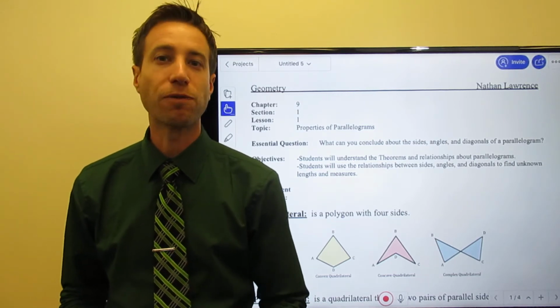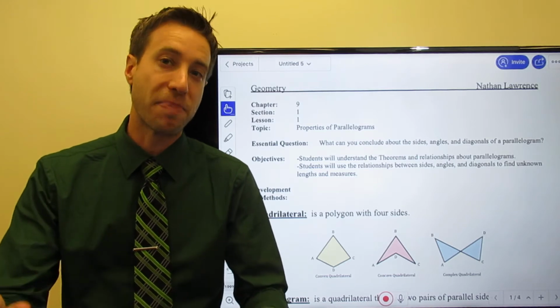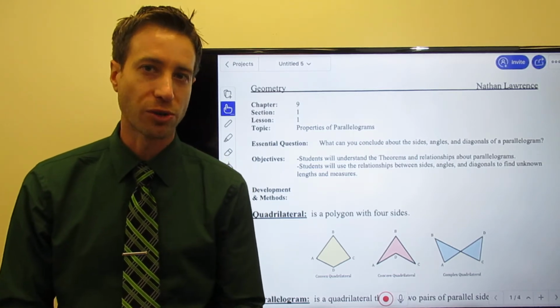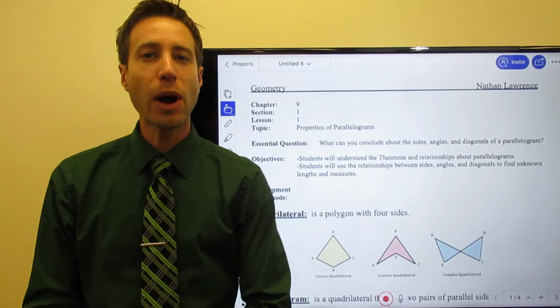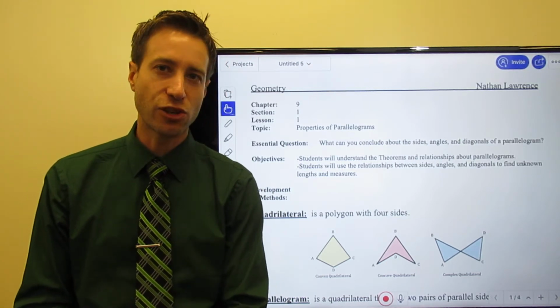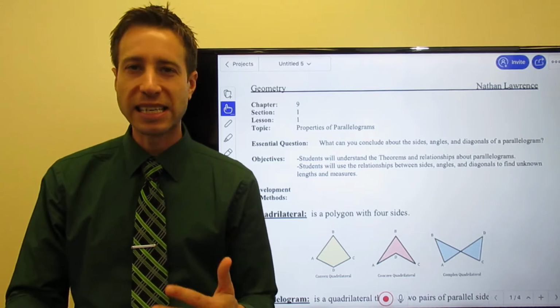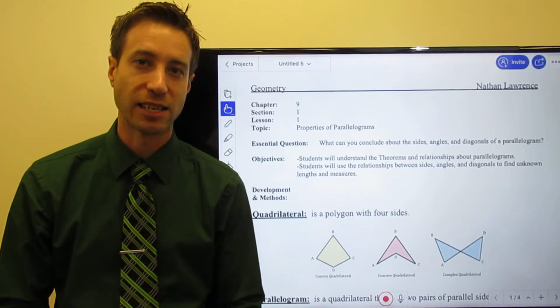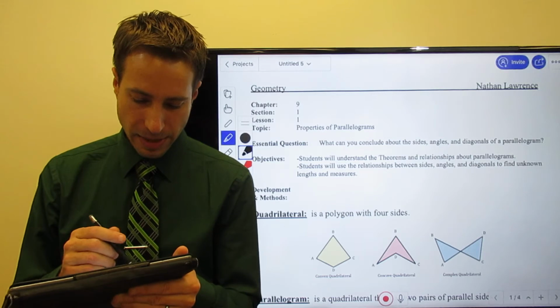Before I get too far ahead of myself, and before we jump into all of that stuff about quadrilaterals and parallelograms, let's first take a look at our essential question for this set of videos and this section of notes, and the kinds of things we're going to need to talk about so that you can answer that essential question. So, here it is. Let me highlight it for you.